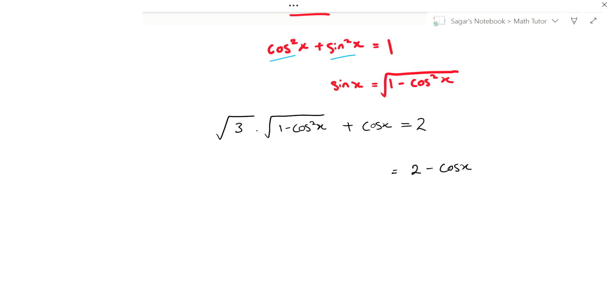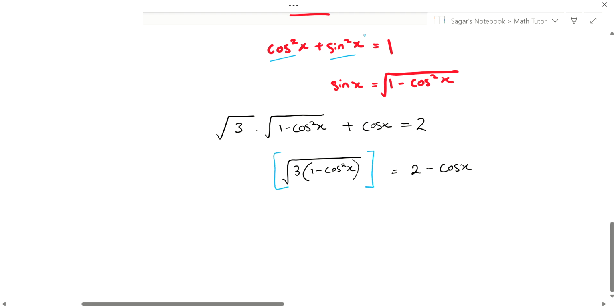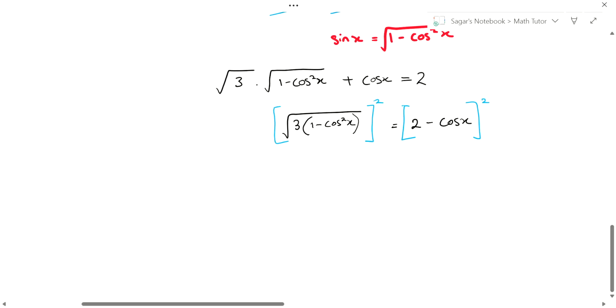On the left side we have 3 multiplied by 1 minus cos squared x, and that will be rooted. Now let us square both sides of the equation. All I am doing is attempting to get x to be the subject of the formula.